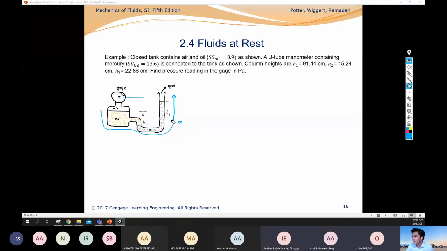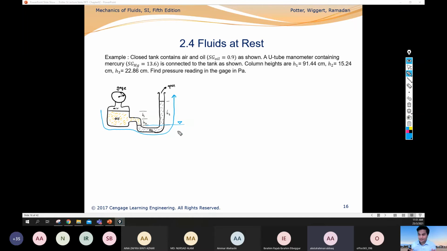Because it's hard to find the line between H3 and H1. Yes, it will be a problem. If you set your reference level from here, you don't have any connection. Where's your connection? You don't have a connection with H3, H1 or H2. So this is wrong. You should start from where you have the connection, right? From here you can see H1, H2 and H3 have the same connection. Which connection from here?